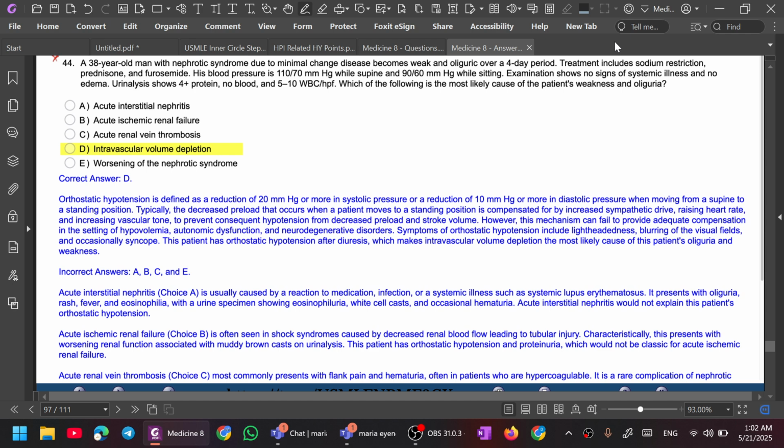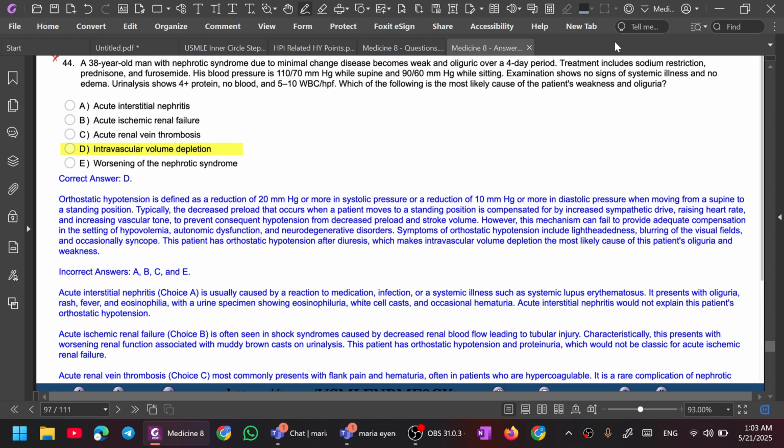However, this mechanism can fail to provide adequate compensation in the setting of hypovolemia, autonomic dysfunction, and neurodegenerative disorders. Symptoms of orthostatic hypotension include lightheadedness, blurring of the visual fields, and syncope.